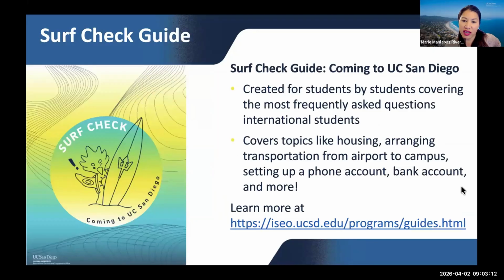Our guide was created by students for students, covering the most frequently asked questions. This guide covers topics like housing, arranging transportation from the airport to campus, setting up a phone account, bank account, and so much more. You can learn more about this at isco.ucsd.edu, programs and our guides.